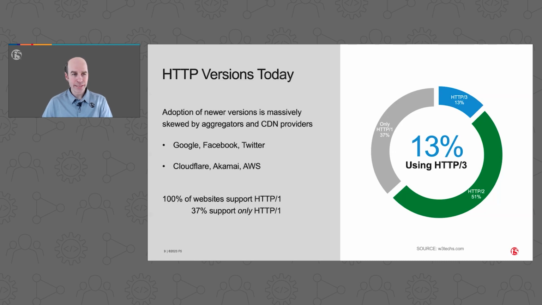Again, the reality of this is that it's the content aggregators like Facebook and Twitter, the large internet giants, Amazon, Cloudflare, Google, the CDN providers, the cloud providers, and the massive amount of data that flows over mobile apps, YouTube being no exception. They're already using QUIC and HTTP3.